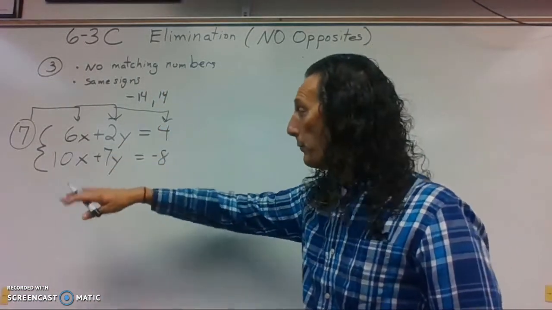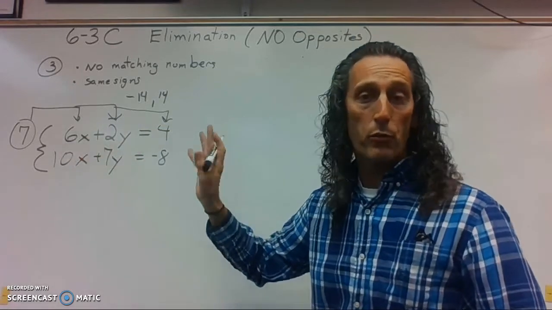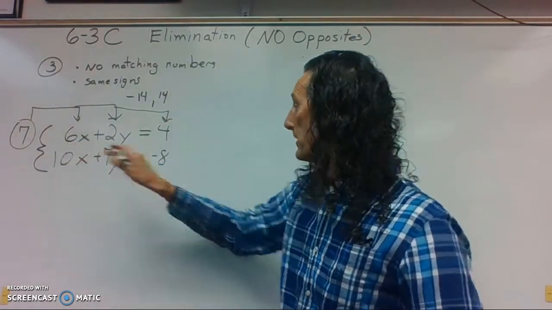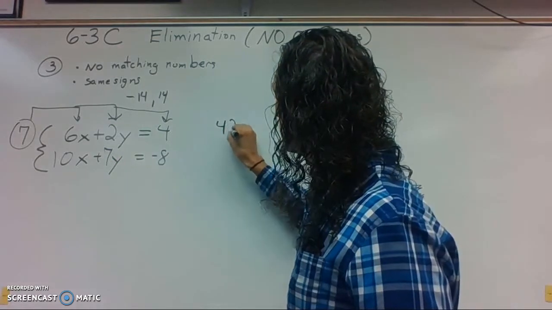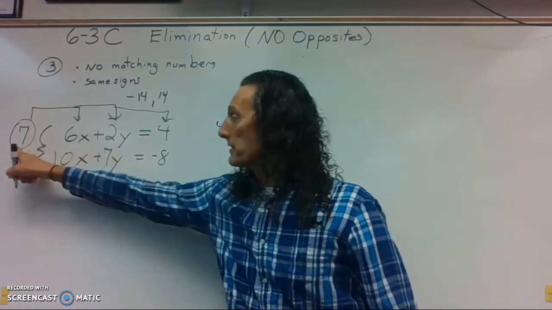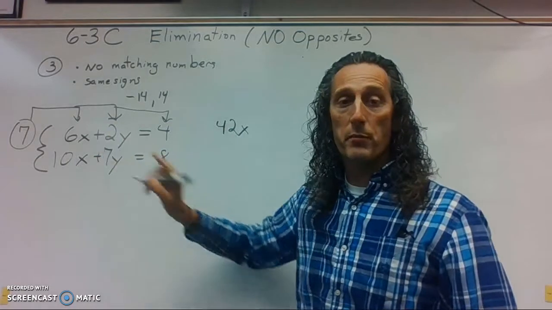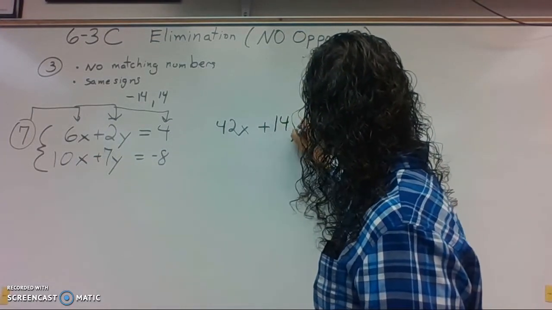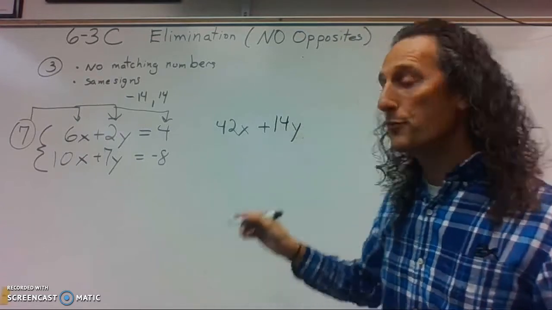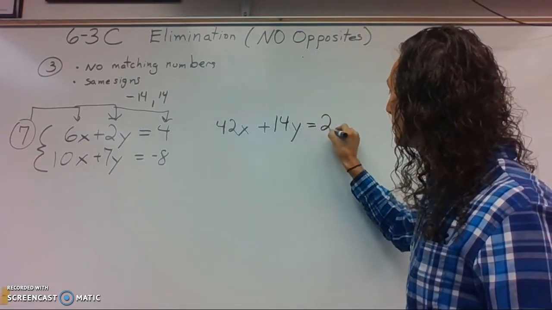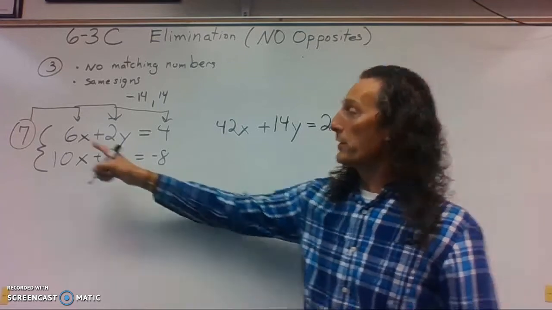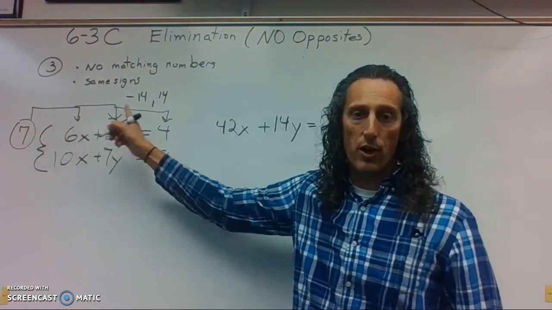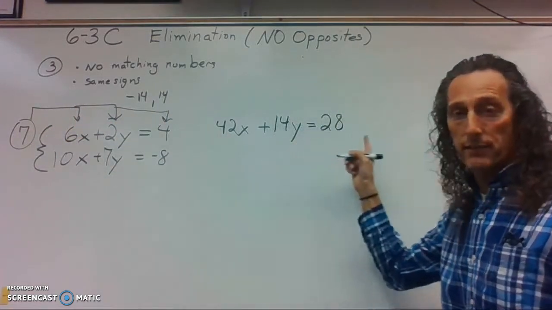So remember, use your calculators, whatever you need. So 7 times 6 is 42x. 7 times the 2 will give me my 14y. And then 7 times 4 will give me 28. Right? So again, just distribute that 7 to all these numbers, and that's where I get these.